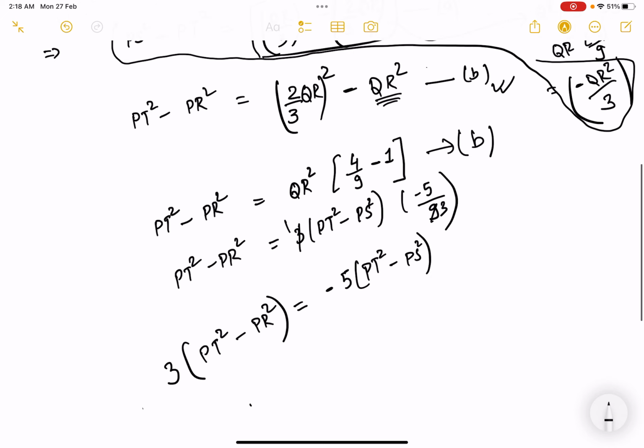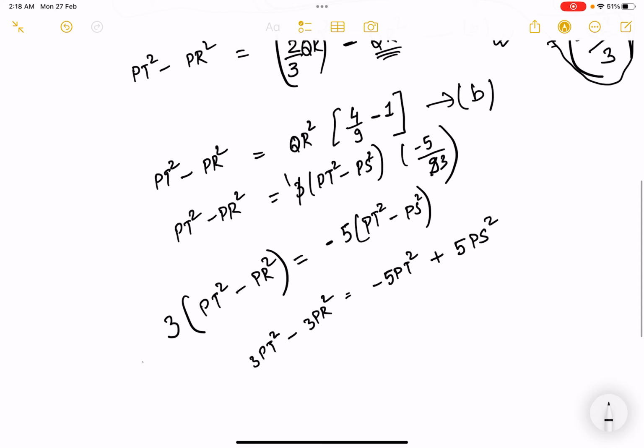So we have 3 PT square minus 3 PR square is equal to minus 5 PT square plus 5 PS square.